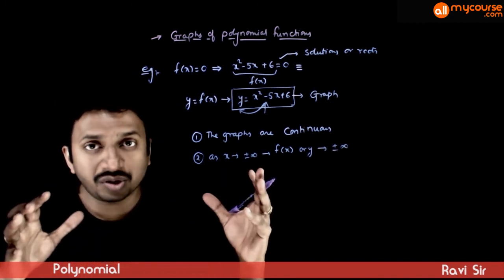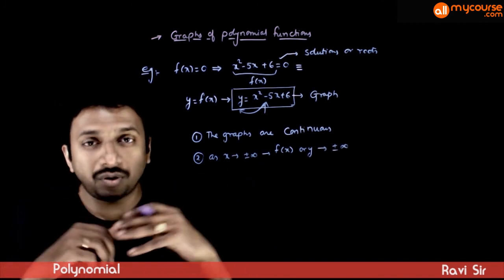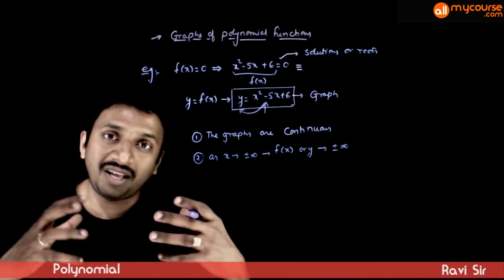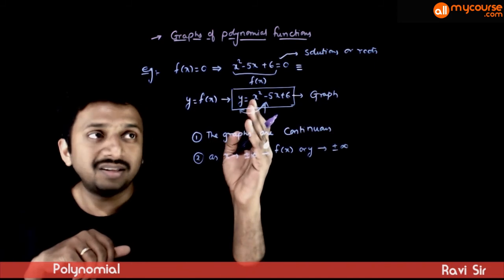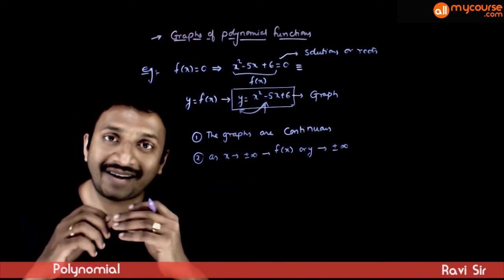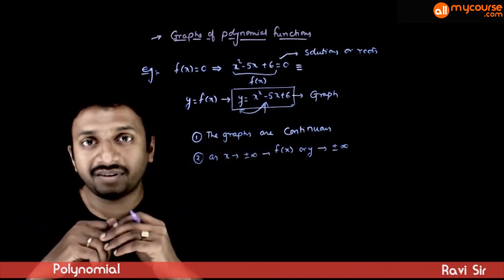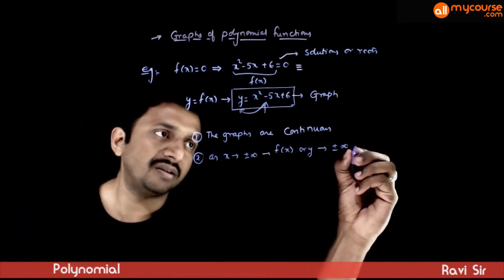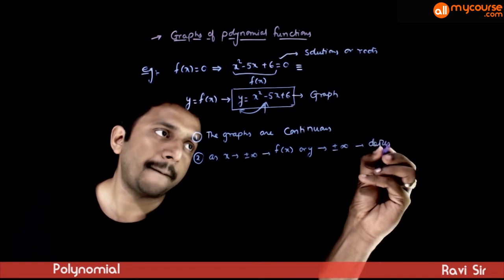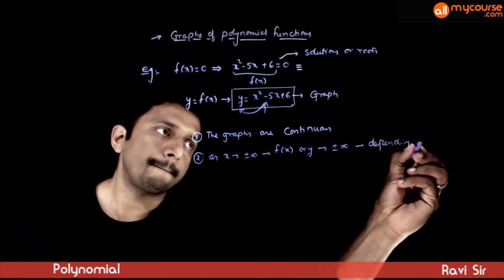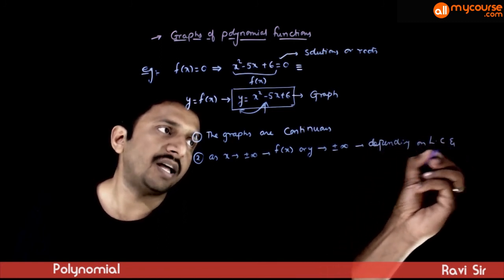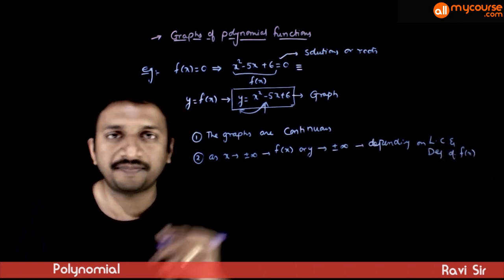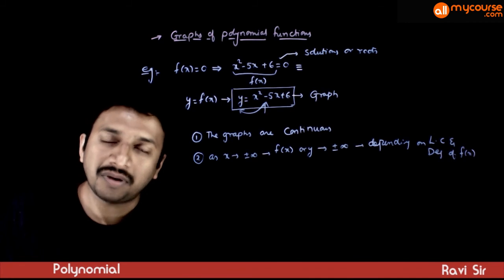So as x goes to infinity, y also goes to infinity. It can go to plus infinity or minus infinity, depending on the leading coefficient and the degree of f of x. This is the second thing to observe.